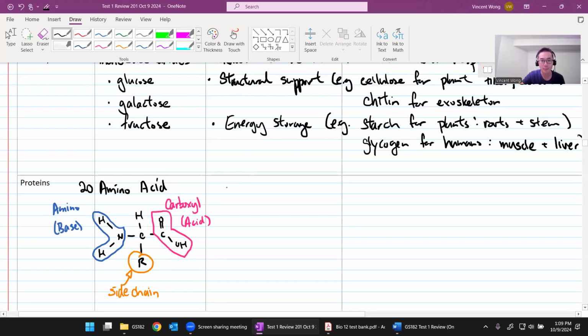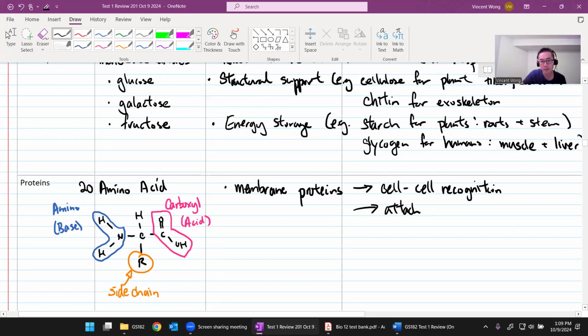Functions. So there are different types of functions. For example, membrane proteins. We don't know the names of any membrane proteins, but they do a lot of things. Like cell recognition, attachment to cytoskeleton.